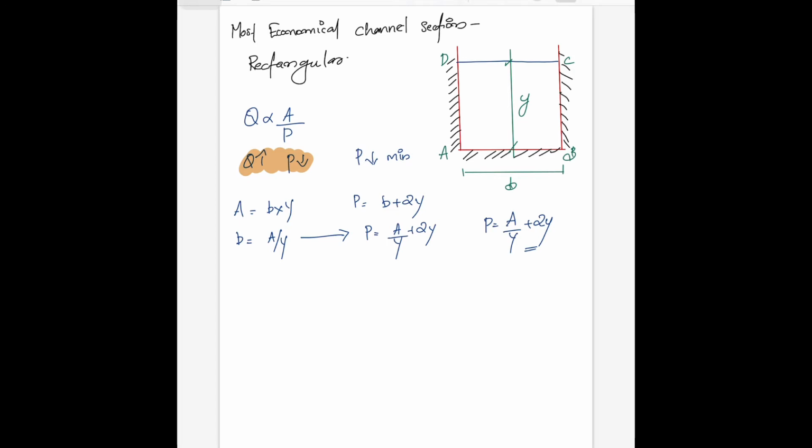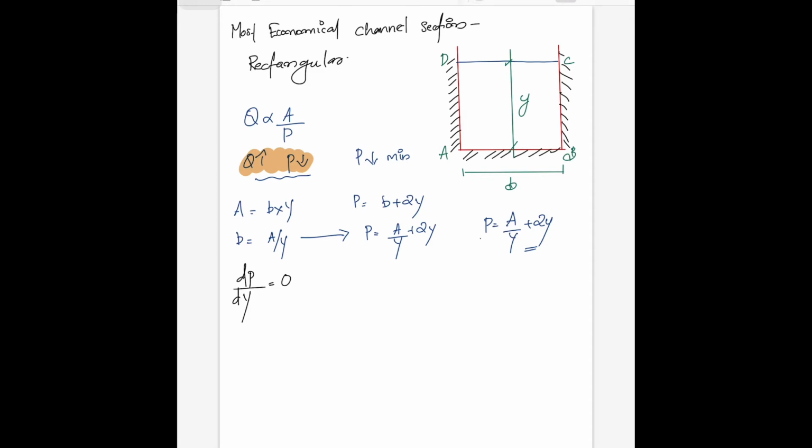As said earlier, for the section to be most economical or most hydraulically efficient, the wetted perimeter must be minimum. So taking that condition, we can write dP by dy should be equal to 0, where P is the wetted perimeter and Y is the depth of flow.